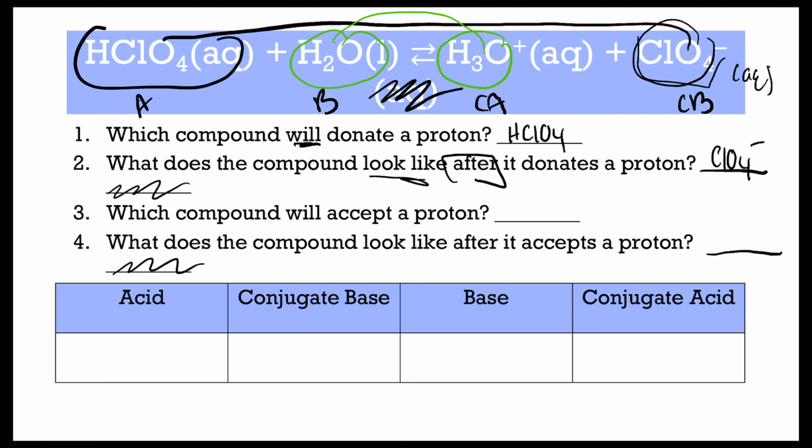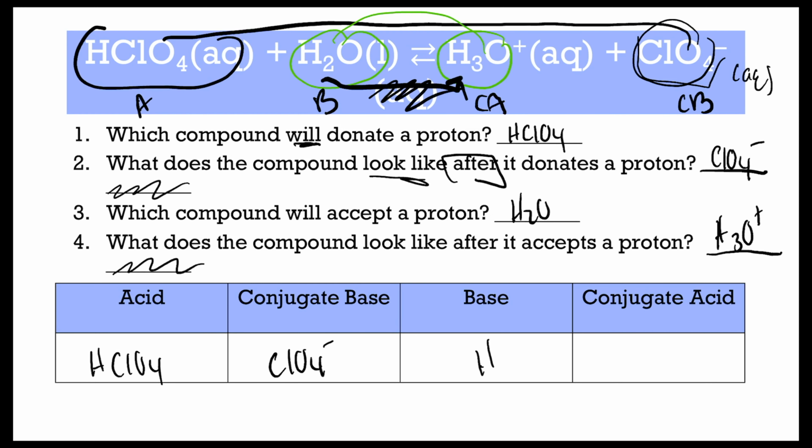Which compound will accept? In order to get from H2O to H3O plus, you have to accept that H. Once you accept it, it looks like H3O plus. So when you fill out your chart, it looks like this. HClO4 is your acid. Then your conjugate base is ClO4 minus. Your base in this case is water, and its conjugate acid is H3O plus.